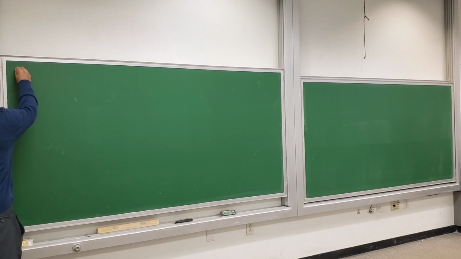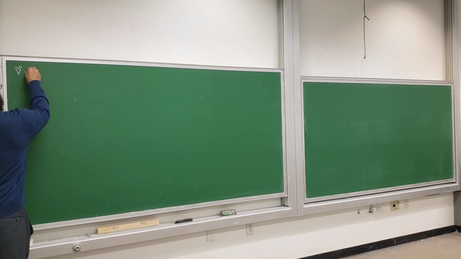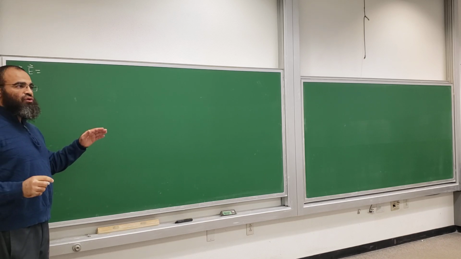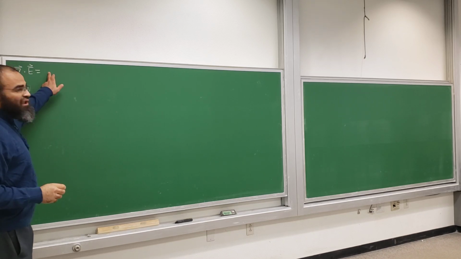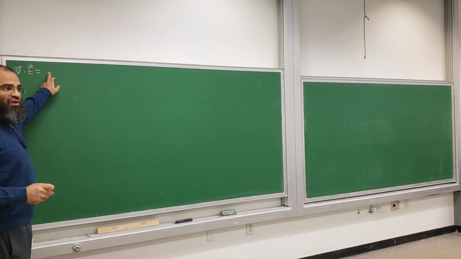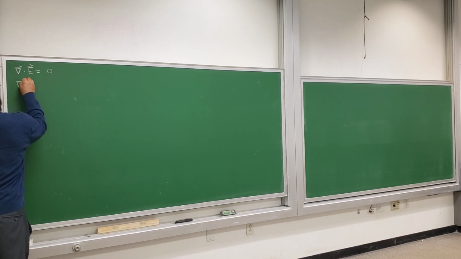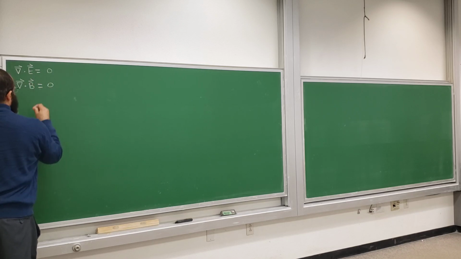We started with Maxwell's equations in differential form. We said del dot E, and we assumed that there are no charges or currents. And so the right side here, it's rho over epsilon naught, but there is no charge, so this part was 0. And we said the divergence of B is 0.